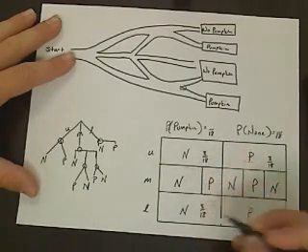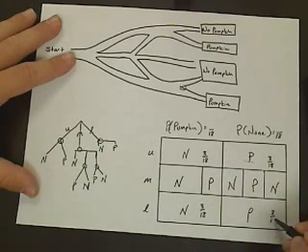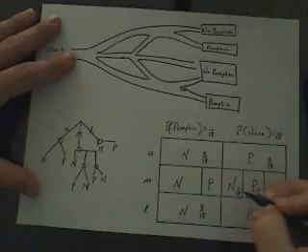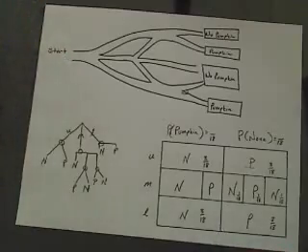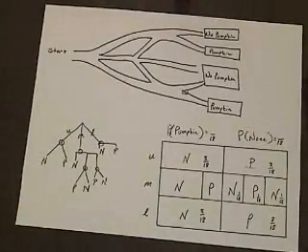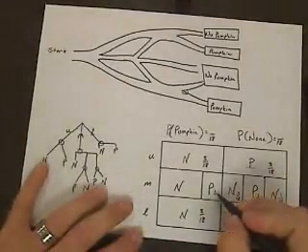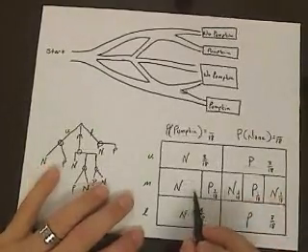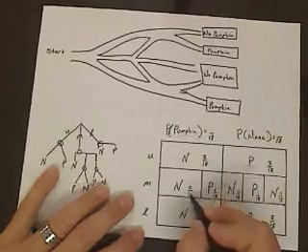And the same thing for the lower path. This one is 1 over 18. All these little ones are 1 over 18. And then this medium size one is 2 over 18.